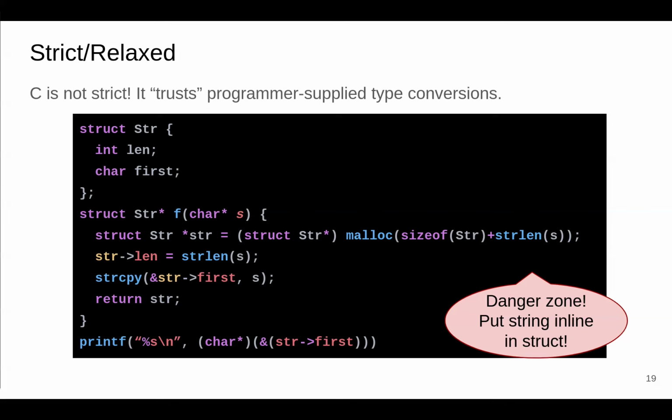we have a couple of characters that are outside of this box. Now in C, this will work perfectly fine, and we can just print the string and it will print the whole string. But we've clearly violated the type system of C, accessing data outside of the box.